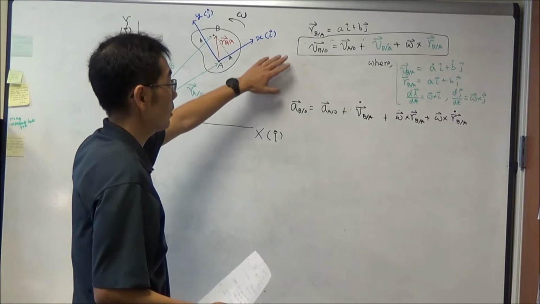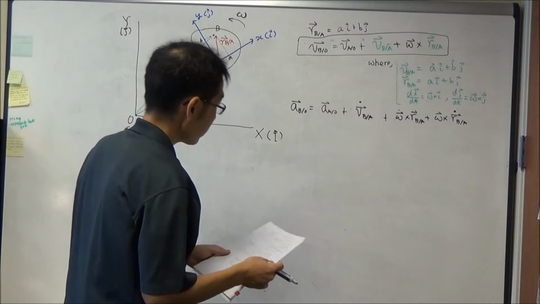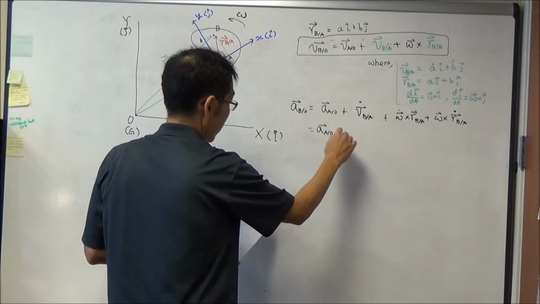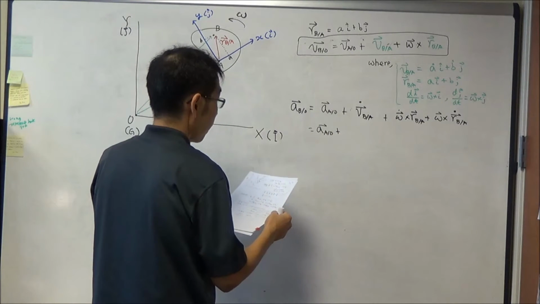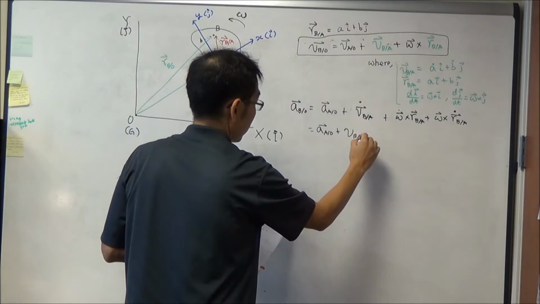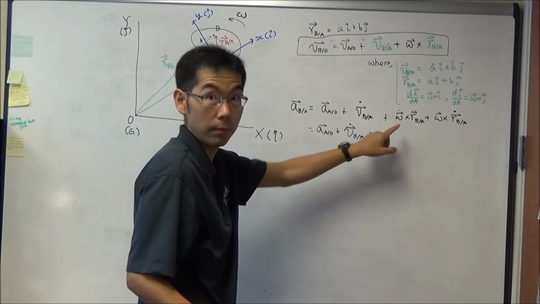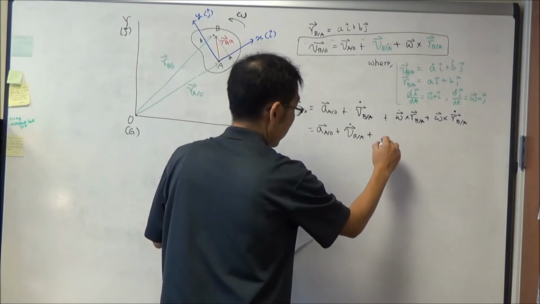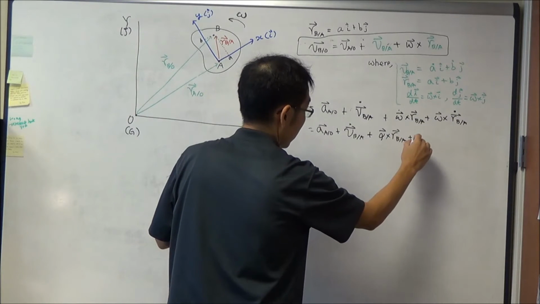So when I take a time derivative, I can write it in this way. And the time derivative of omega will be alpha, the angular acceleration of the rotating frame. Okay, so this is alpha and R_BA.